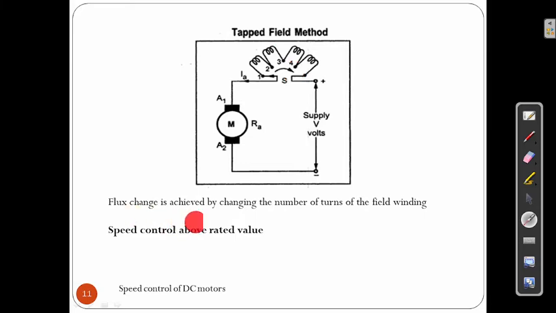The flux change is achieved by changing the number of turns of the field winding. See here, the field winding has a number of turns: 1, 2, 3, 4, 5. When we give the supply, the power will flow from here to there.